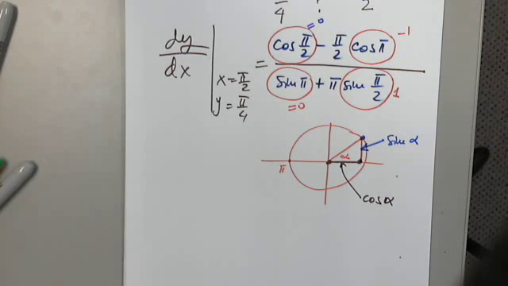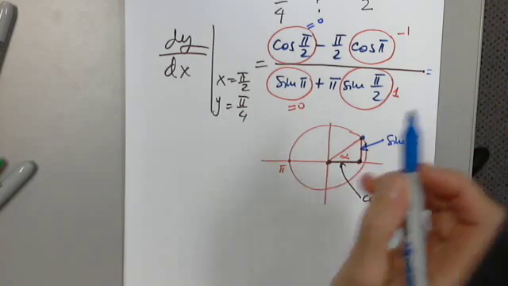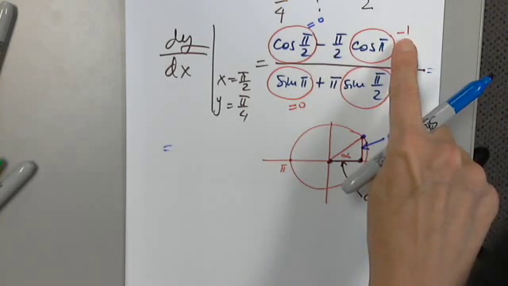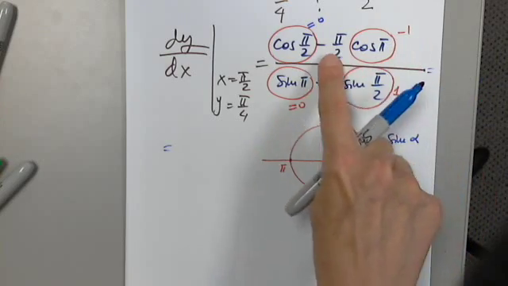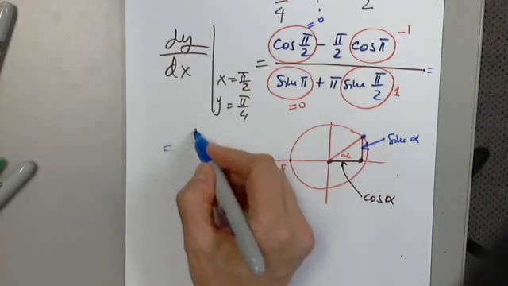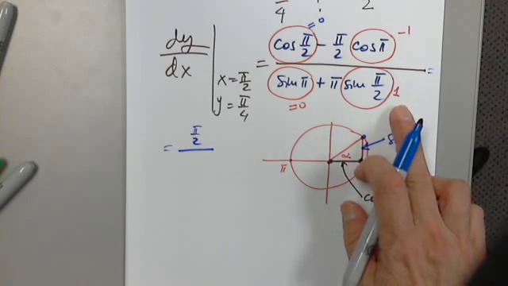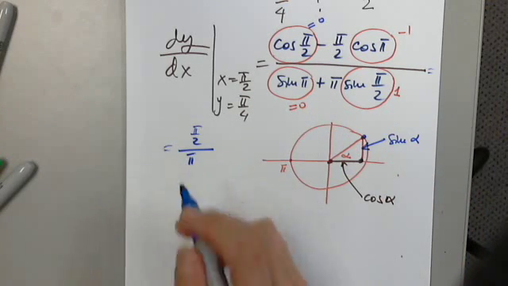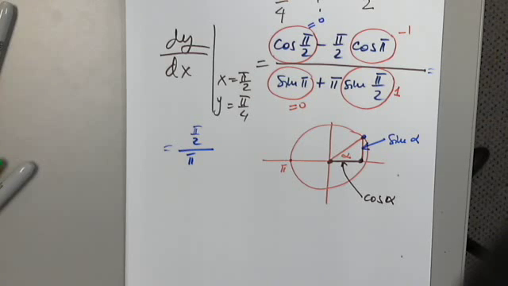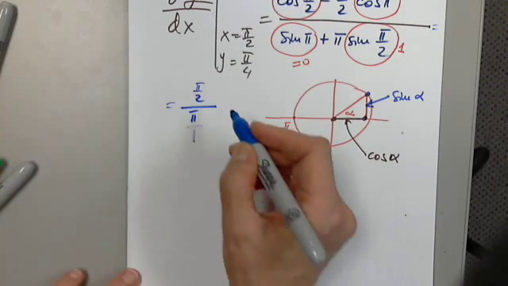Okay, so what do we have at the top? What is left at the top? Pi over 2. Good. How much is this? It is 0. So this is 1 times pi. So this is pi. So I simplify by dividing those two fractions.